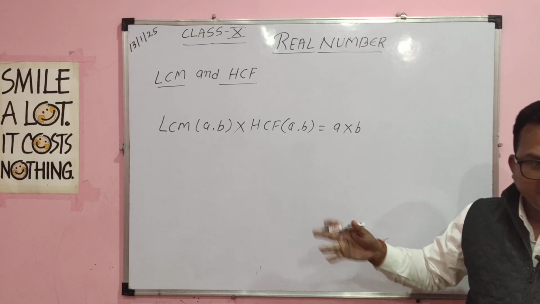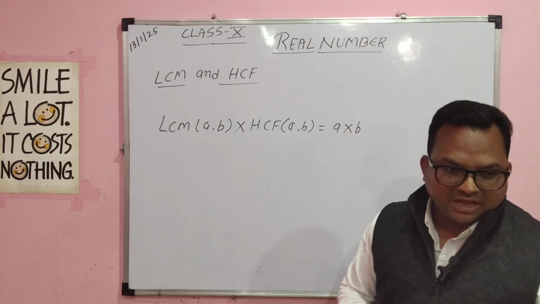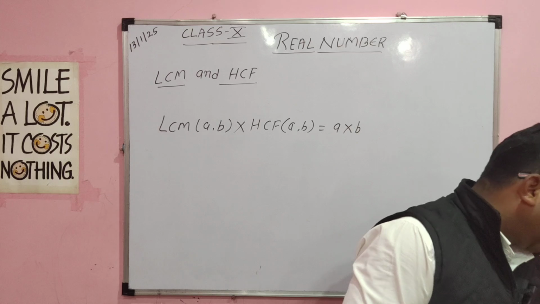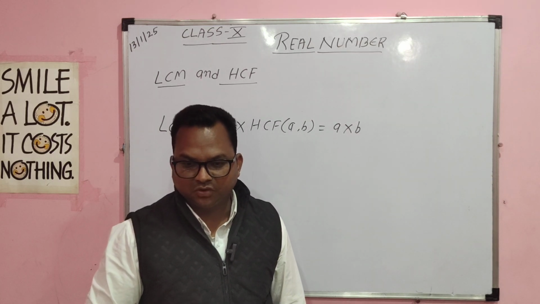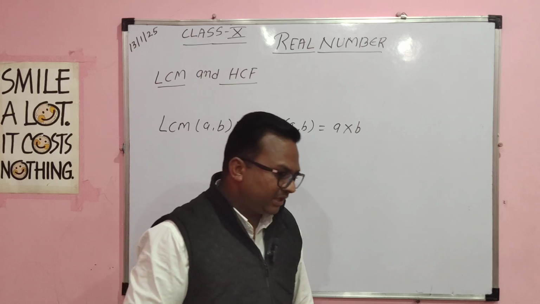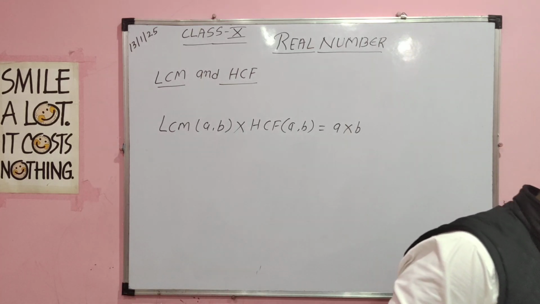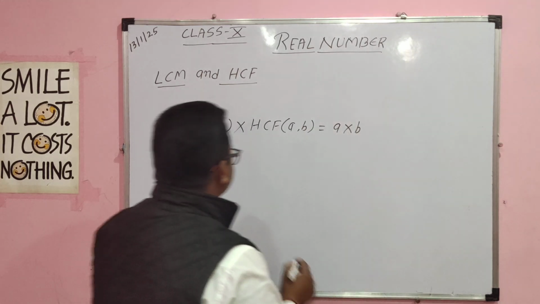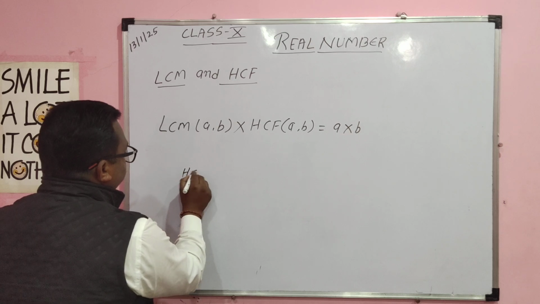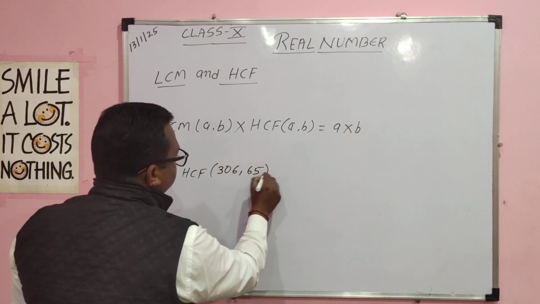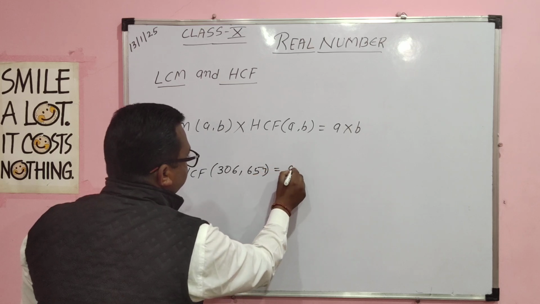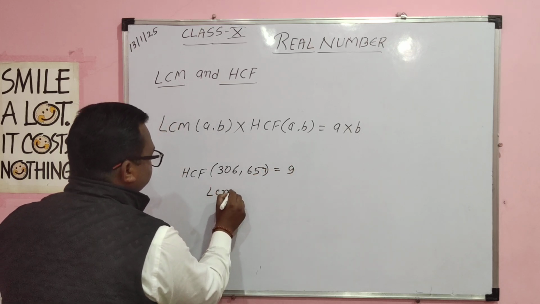Understand or not? In the NCERT book, Example number 3 and Exercise 1.1 question number 4 are this type of question. In question number 4, HCF of 306 and 657 is given as 9. So find out LCM.